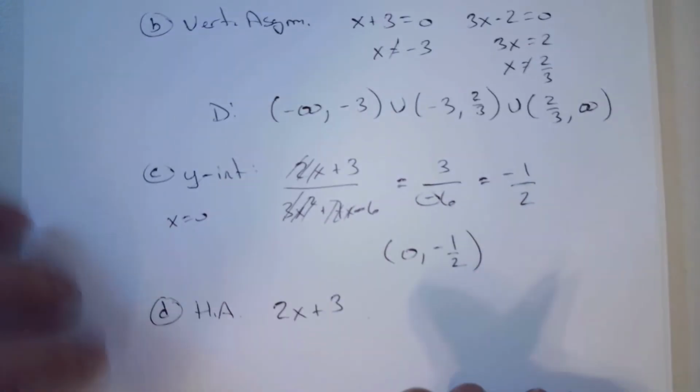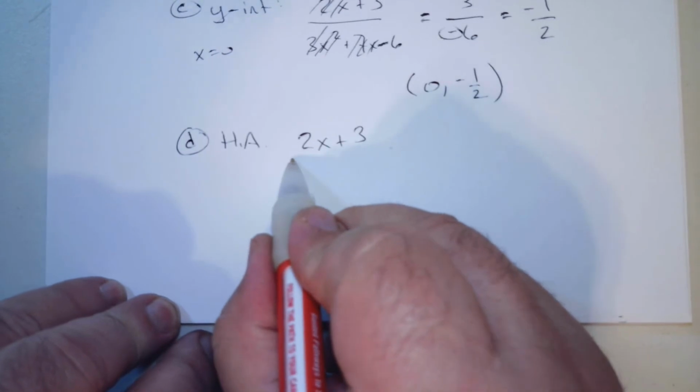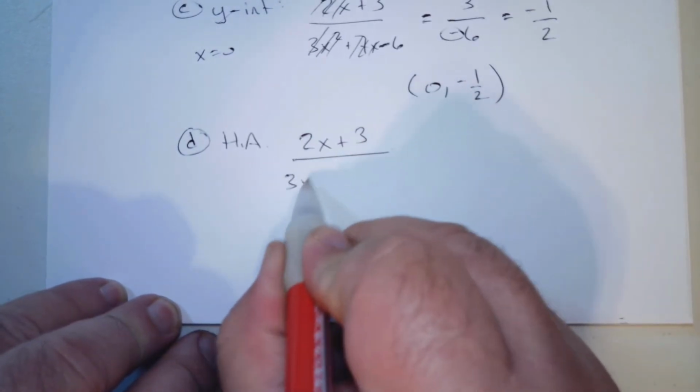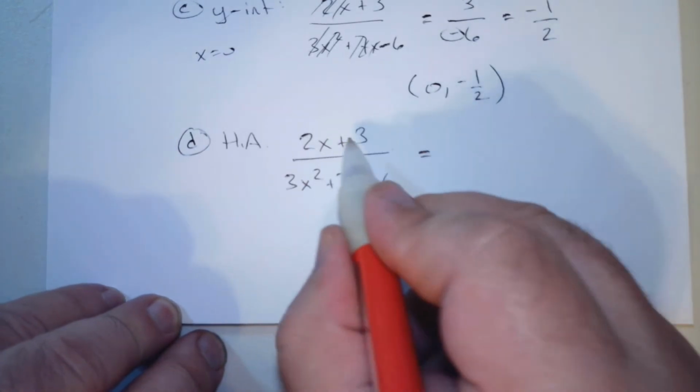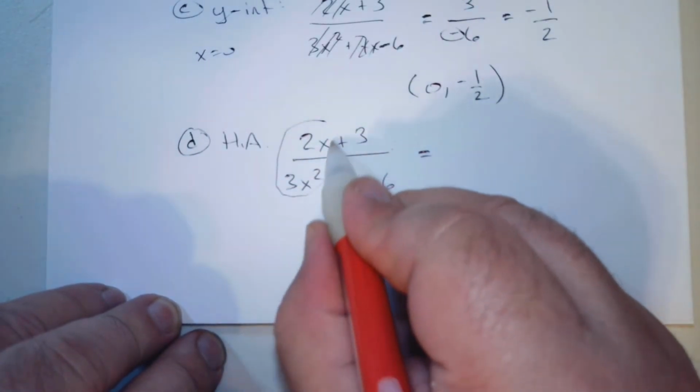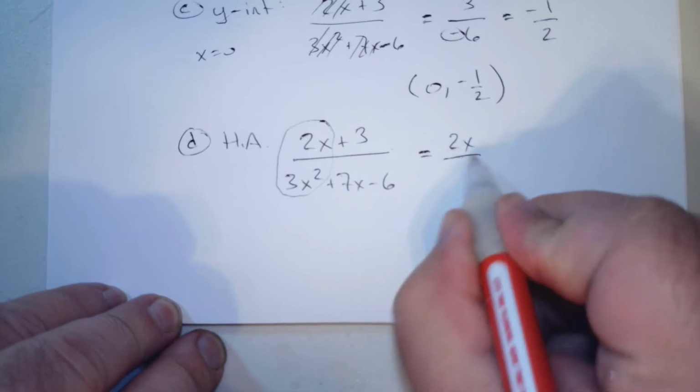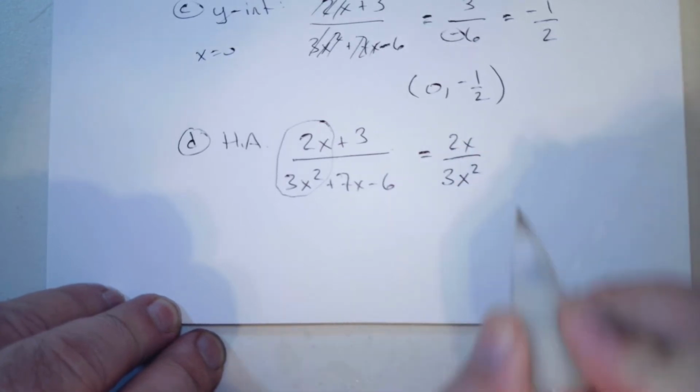Two x plus 3 over 3x squared plus 7x minus 6. All you care about is the leading terms, 2x over 3x squared.